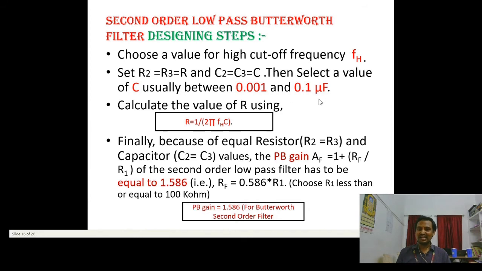So this is the regular case. The only change is R2 equal to R3 equal to R and C2 equal to C3 equal to C, which we have taken here. Finally, because of equal resistors and capacitors, the pass band gain of the second order low pass filter is equal to 1.586. This is mandatory.